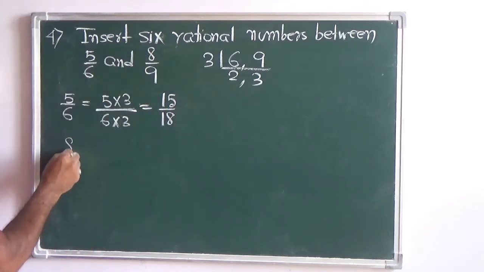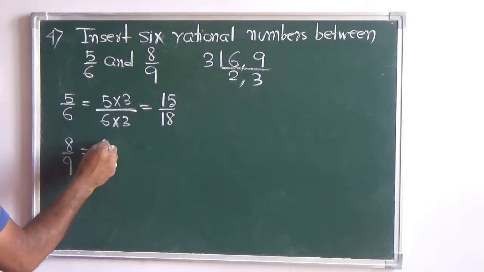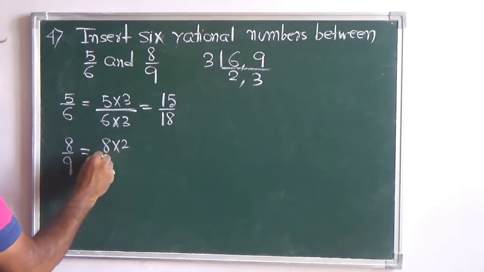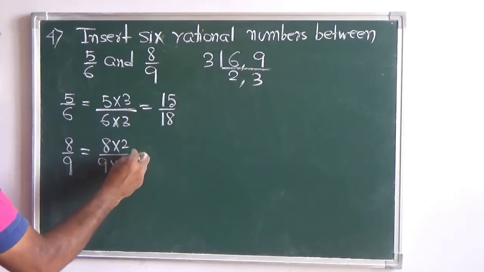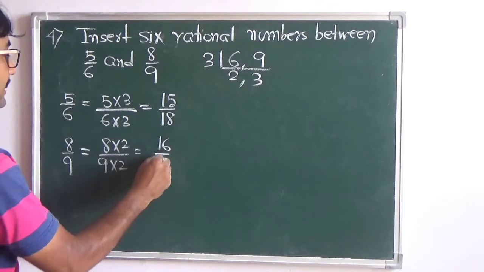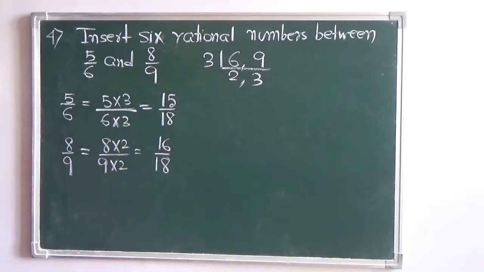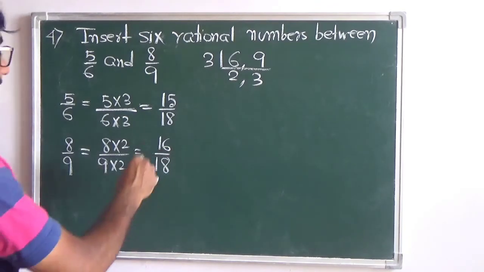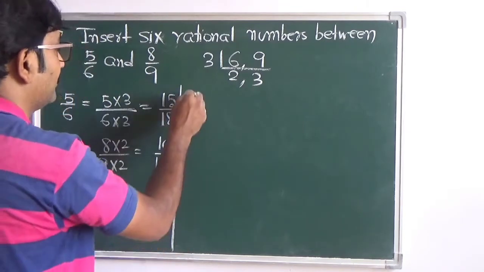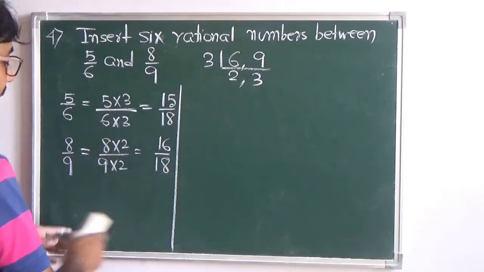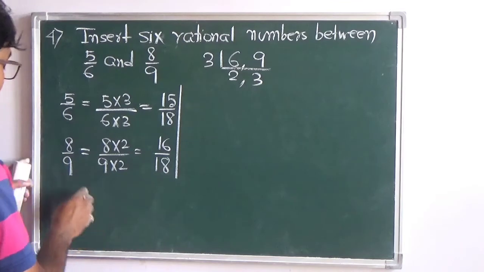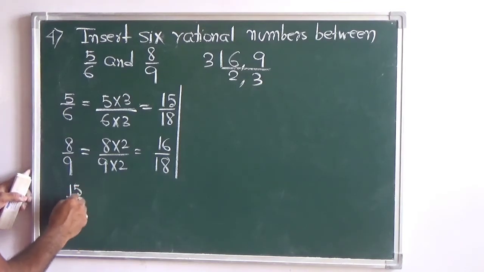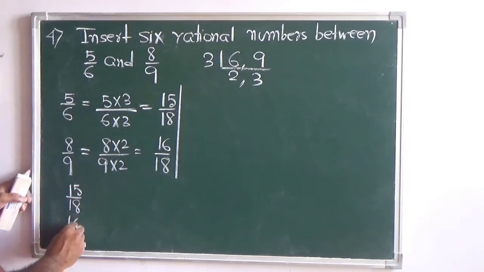Now take 8 by 9. That is 8 into 2 by 9 into 2, that is 16 by 18. Now you have the numbers 15 by 18 and 16 by 18.